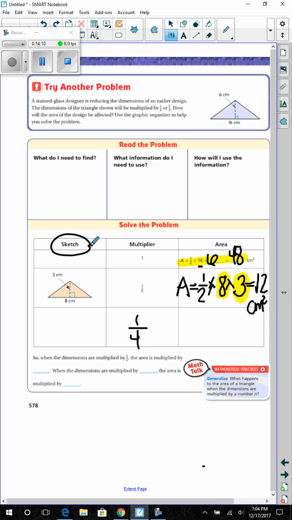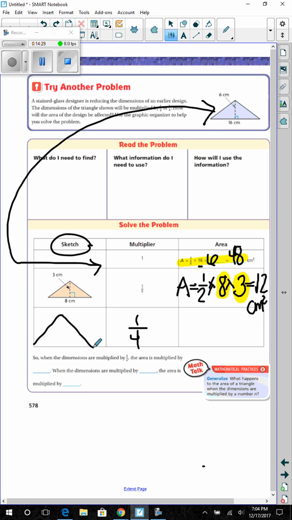We did not have to sketch for the original one here because it was already given to us up here. But we do have to make a sketch for the second example. So let's draw a triangle and put it together.